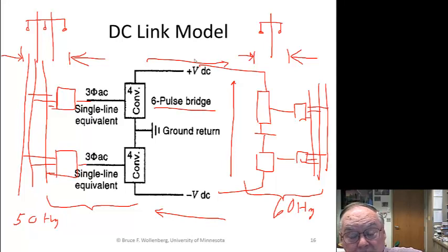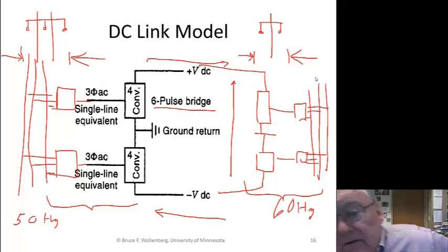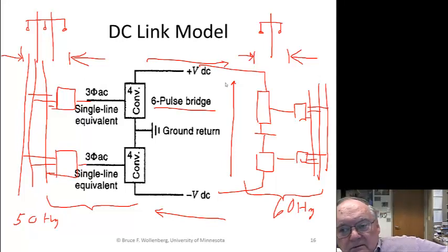There's other things. If this line is having problems where the frequency is varying around quite a bit, over here the frequency is not affected because the frequency doesn't get transmitted across the DC link. So it's used for isolating systems where there are stability problems.